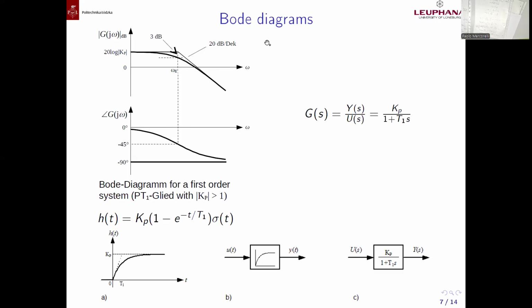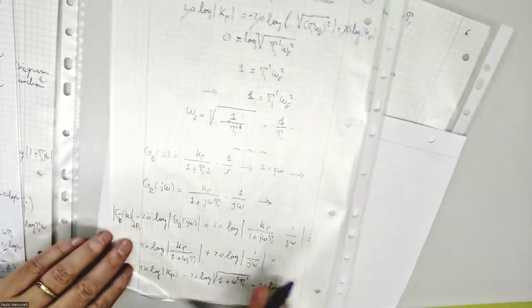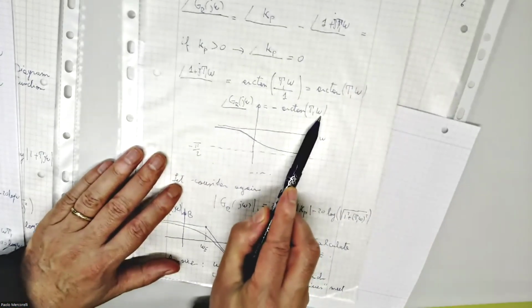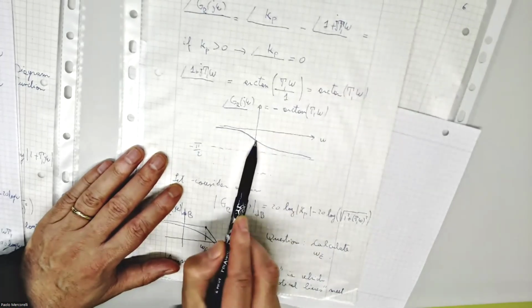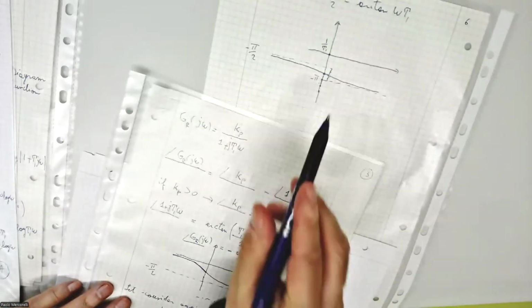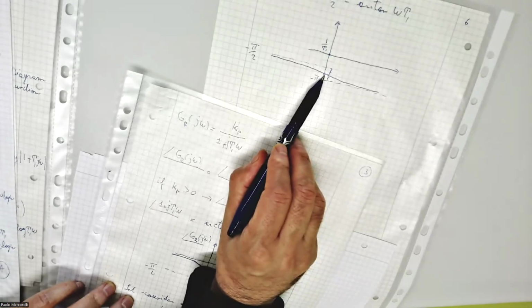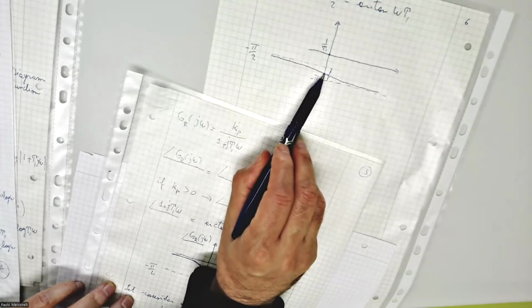Exactly this omega e, 1 divided by T1. Therefore, for omega 1 divided by T1, arctangent of one is 40 degrees. Here is 40 degrees. Here we can do the same calculation. Is 135. We're using the same calculation.